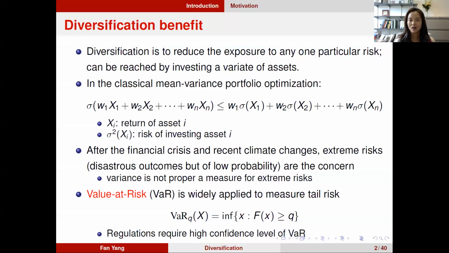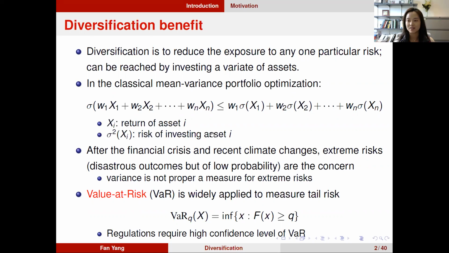To see why diversification can be reached by investing in different assets, we can go through the classical mean-variance portfolio optimization setting. Here, the X_i are the returns of the assets, and the variance of the return is taken as a risk measure.